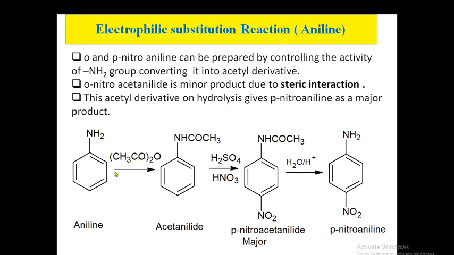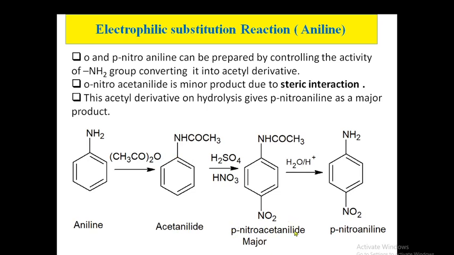So that aniline you have to react with acetic anhydride to form the acetanilide. Now the NHCOCH3 group becomes weakly activating, and now it will undergo substitution at the para position, because at the ortho position you will have a steric interaction.